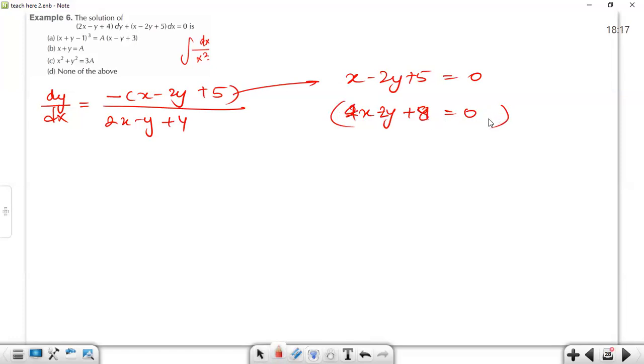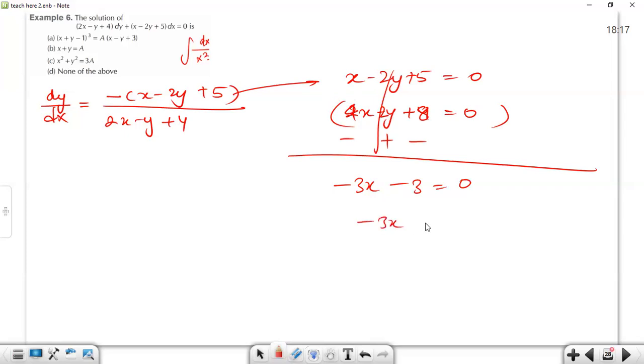Now subtracting both of these equations, changing signs, x minus 4x is minus 3x, 5 minus 8 is minus 3. So minus 3x is equal to 3, x becomes minus 1.